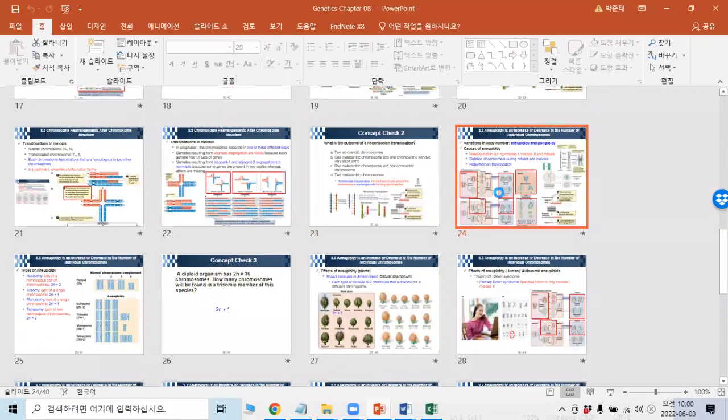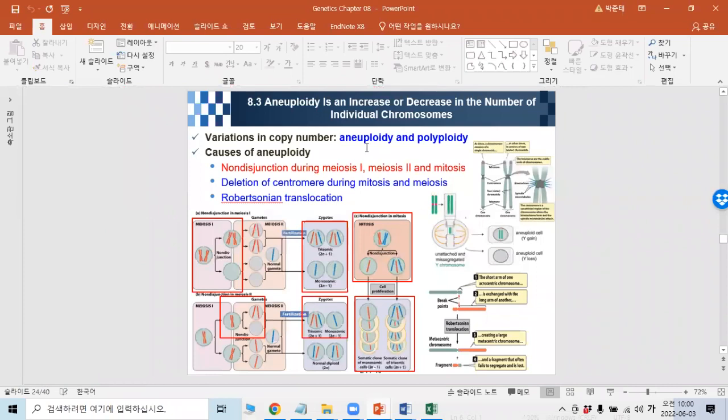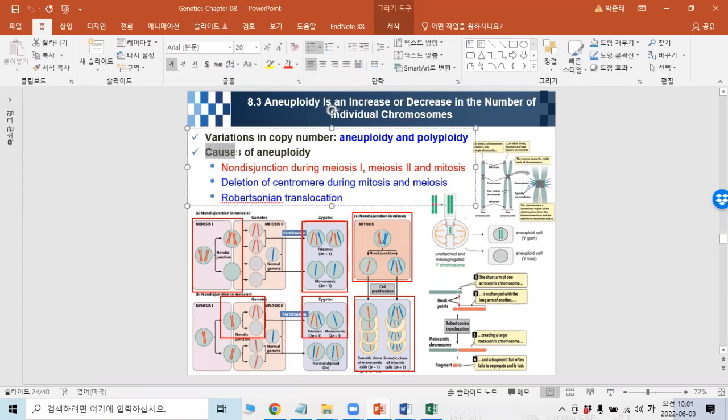Now we will go to aneuploidy and polyploidy. First of all, we will see the cause of aneuploidy. Non-disjunction happens during meiosis 1, meiosis 2, or during mitosis.